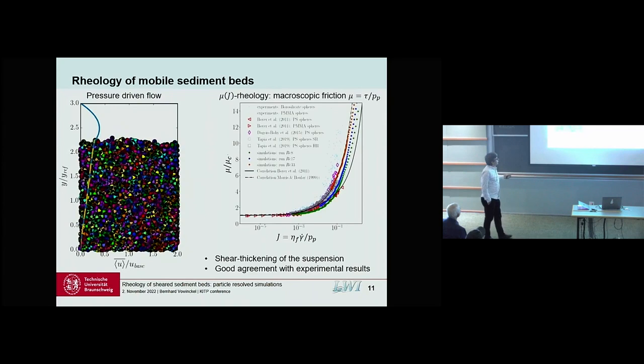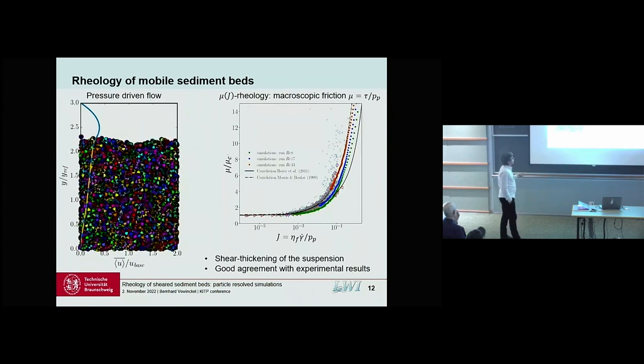And this is what it looks like compared to many other data sets. And I also would like to point out empirical correlations by François Boyer and also by Jeff Morris and François Boulet. And our simulation results are the dots. So let's focus on the simulation results. And we see that those fall very nicely in between the envelope of those two empirical correlations.